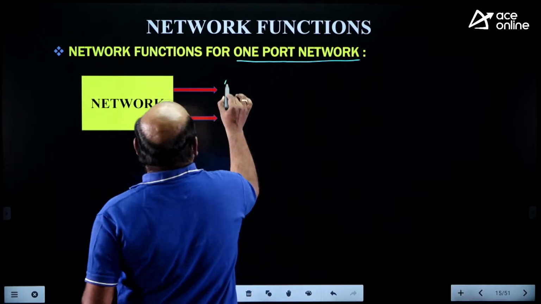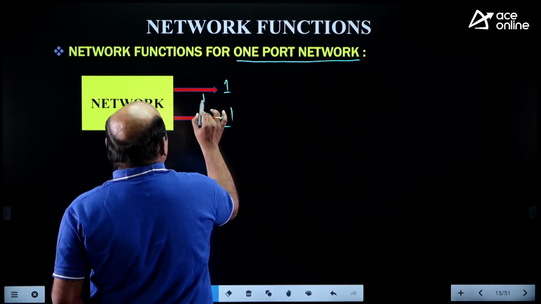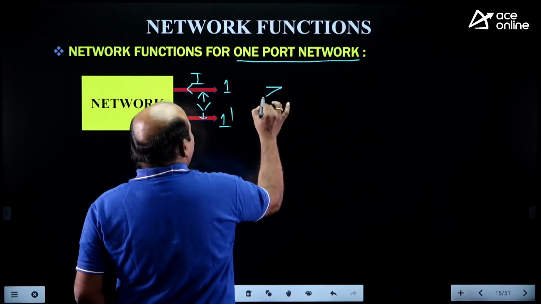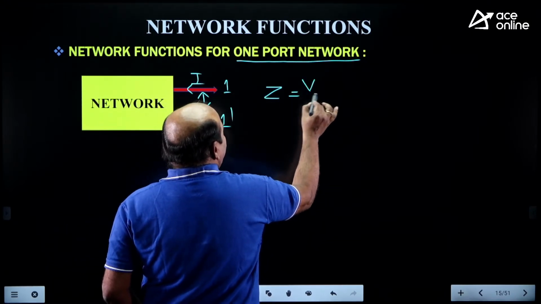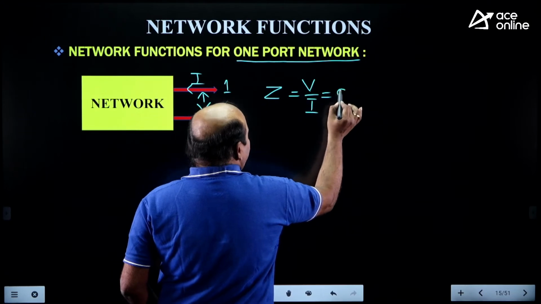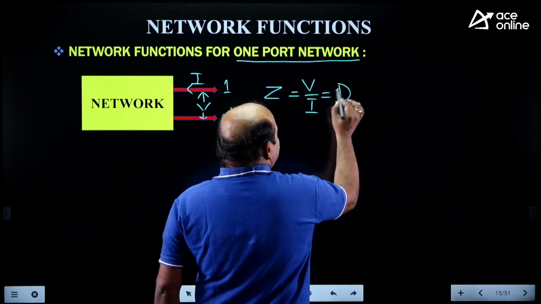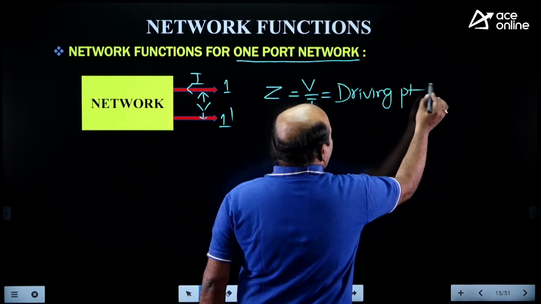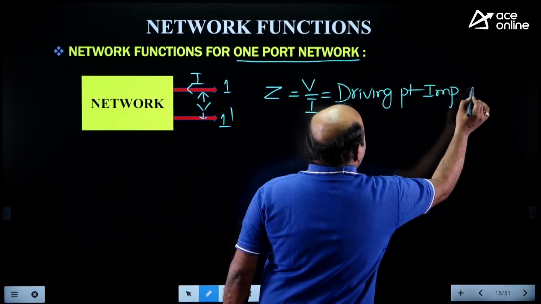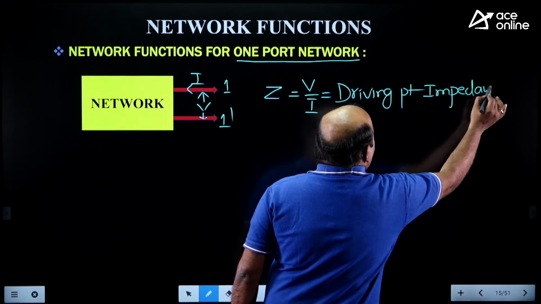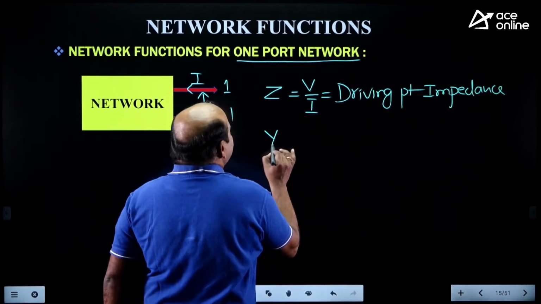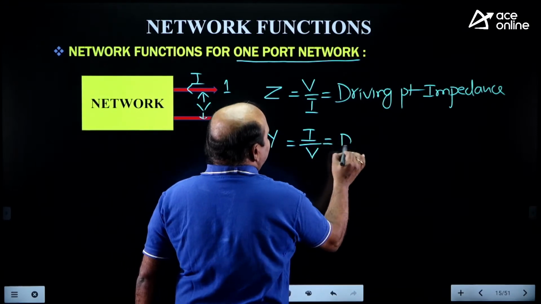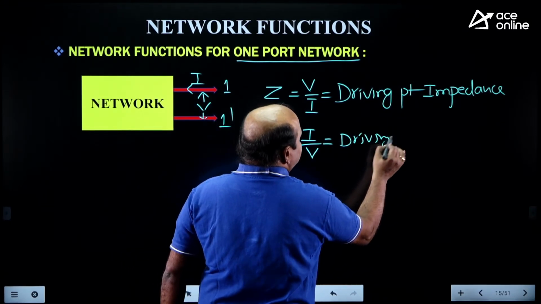Now in this one port network, Z is V by I, this is the driving point impedance, and Y is the inverse of this, I by V, this is the driving point admittance.